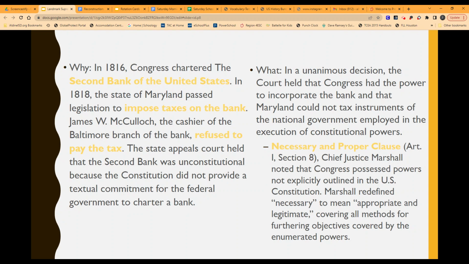So Chief Justice Marshall noted that Congress possessed the powers explicitly outlined in the U.S. Constitution. Marshall redefined necessary to mean appropriate and legitimate, covering all methods of furthering objectives covered by the enumerated powers.